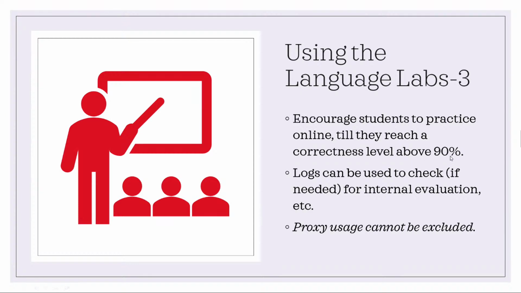So how do I ensure that my student is competent in a particular topic? Let them keep trying practice online till they are able to get a score above 90% in correctness. For every block of 5 sentences you can check, and those who are making too many mistakes, you can ask them to keep trying more till they get there. This is the mastery learning idea.